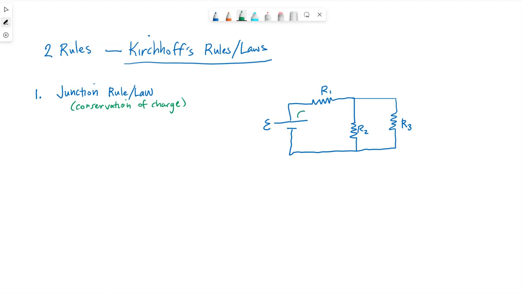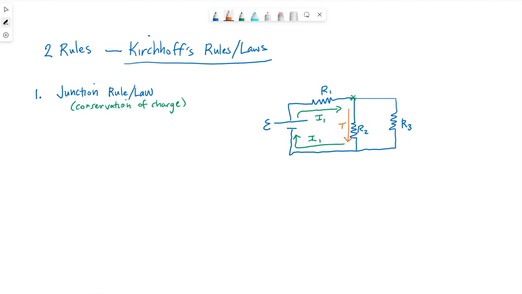So as we've been talking, we have current that will flow out of the battery or back into the battery. I'm going to call this I1. But here it reaches a junction. So flowing out of the battery, it goes through resistor 1. But when it reaches this junction, it will split.